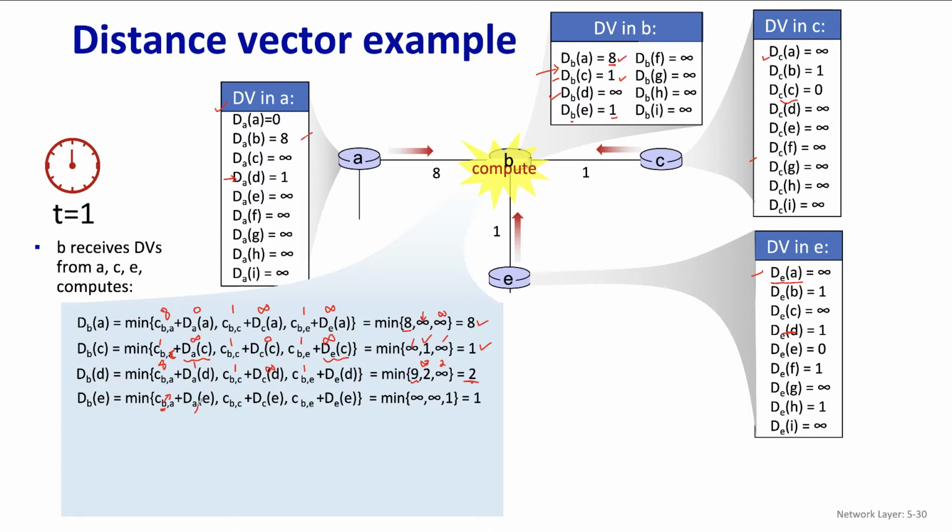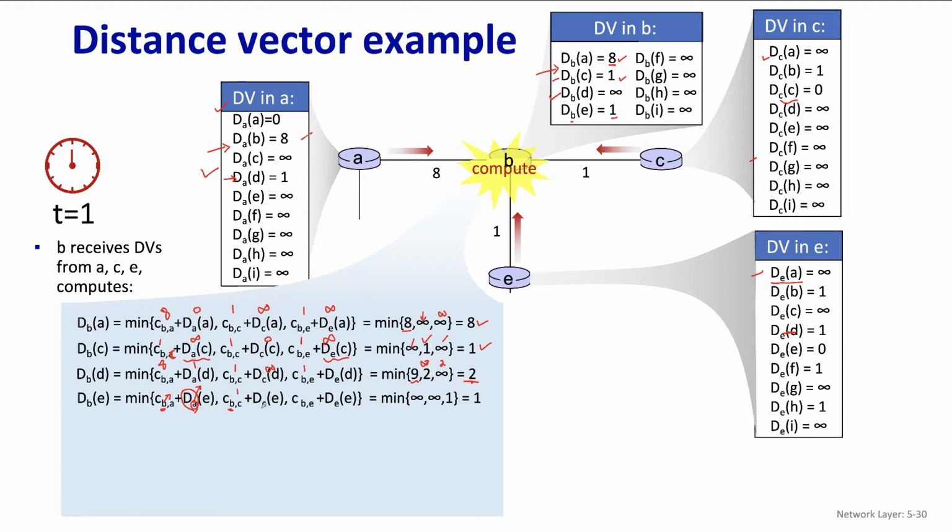Now the small subscript here tells you which distance vector we are looking in. So here dA means you have to check this value within the distance vector of node A. The same thing here, from B to C, since you already have B, you are trying to see the value from B to C. From B to C is 1.